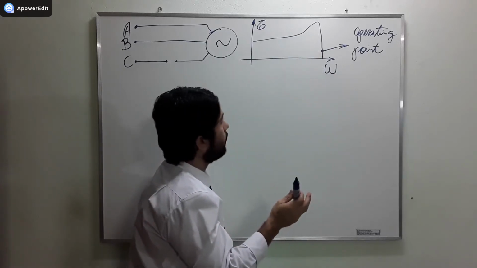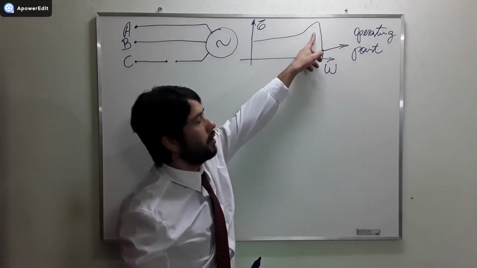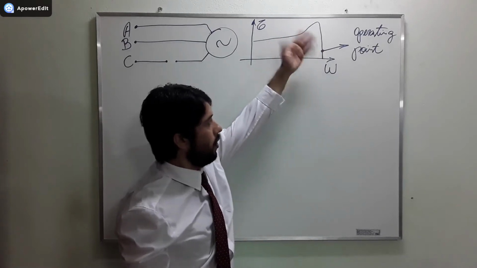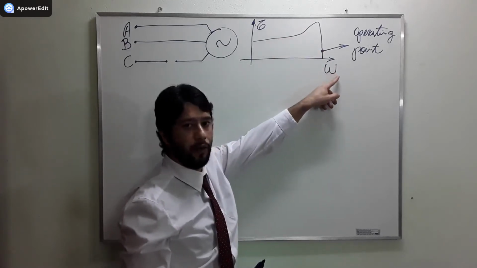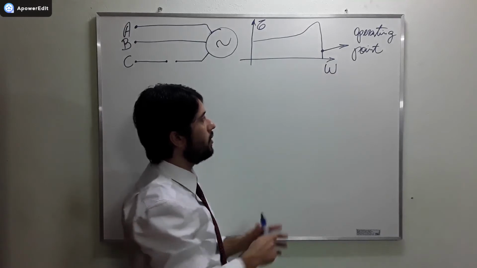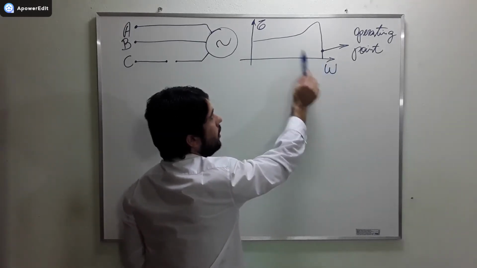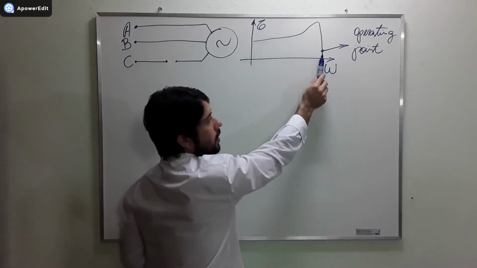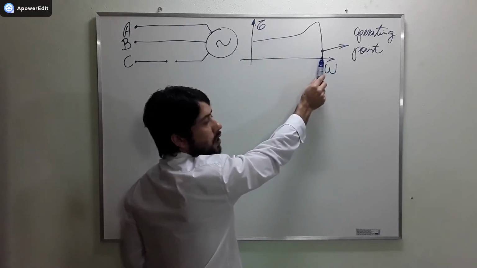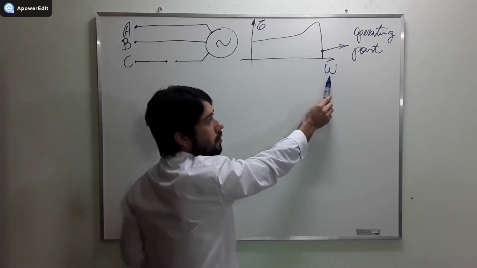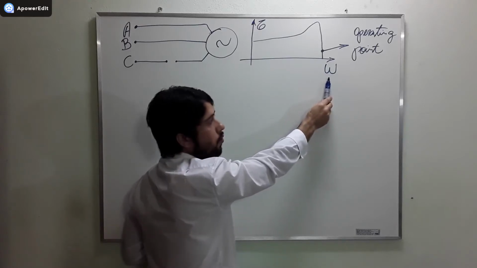What does this mean? It means that if the torque increases, the velocity is going to end up increasing again. And if the velocity increases, the torque is going to decrease. And then it's going to ensure that the velocity is going to decrease.